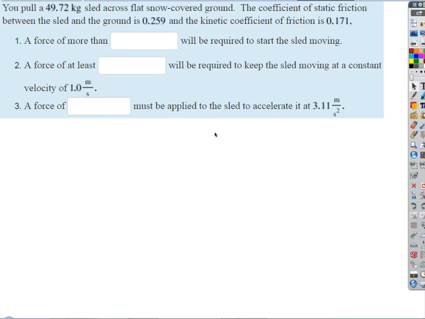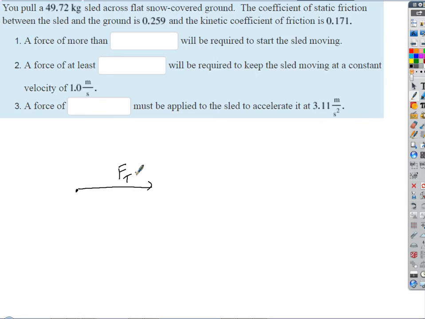Okay, free body diagram. What do we got here? Braden, help us out. What do we got going? Tension. Okay, good. So we're pulling on a sled across flat, snow-covered ground. So we've got a tension force pulling to the right, let's say. Okay, what else?